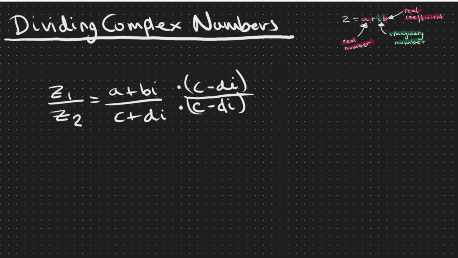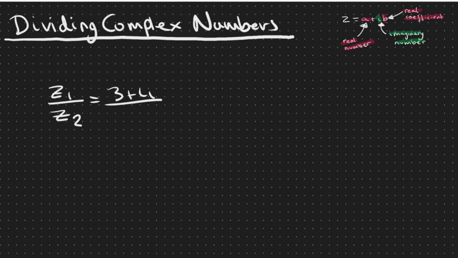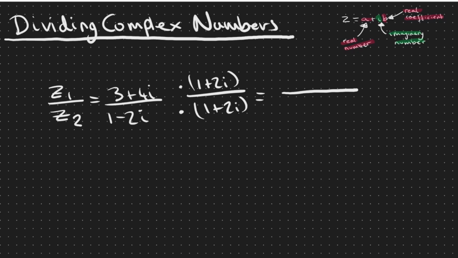So let's divide 3 plus 4i by 1 minus 2i. Okay, so to divide this, we would multiply both of these by 1 plus 2i. Okay, and this would give us, at the denominator, 1 squared plus 2 squared, which is 5. And at the numerator, we have to expand.